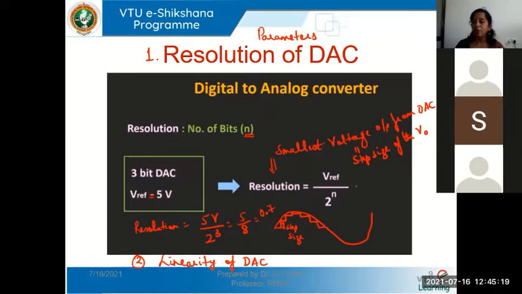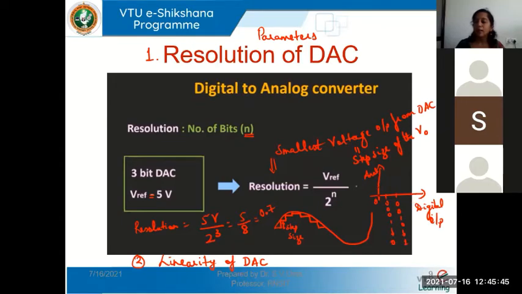Whenever I have a plot of analog output versus digital input, okay, you are using digital input. Here your values are 0, 0, 0, 0, 1, then 0, 0, 1, 0. So it represents binary 0, binary 1, so on.